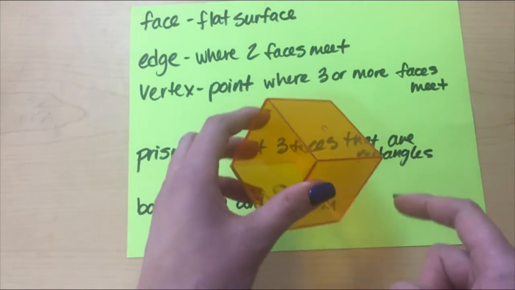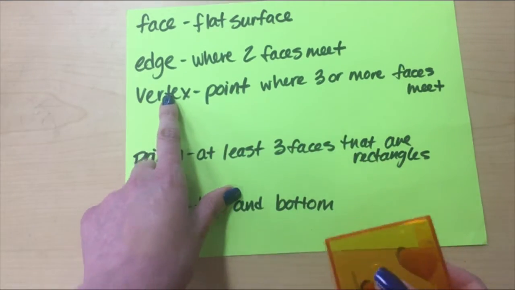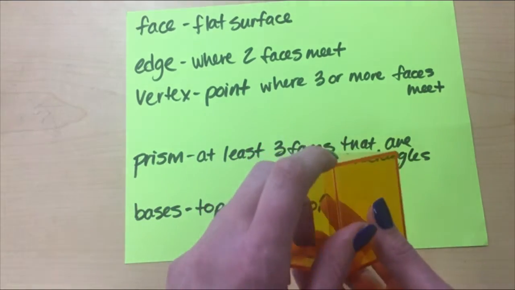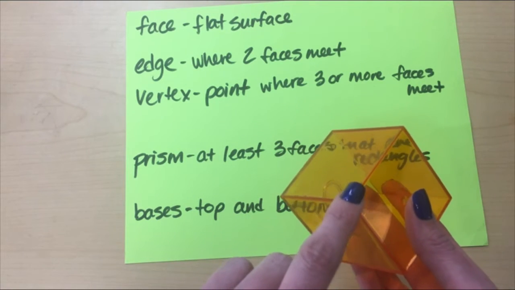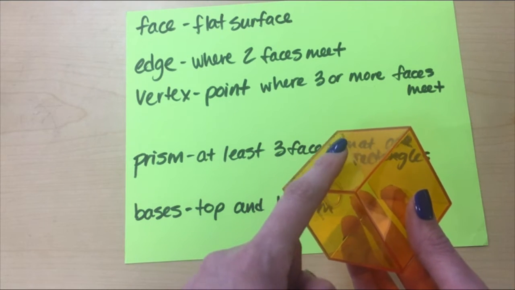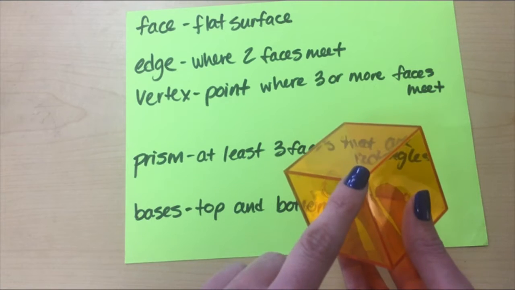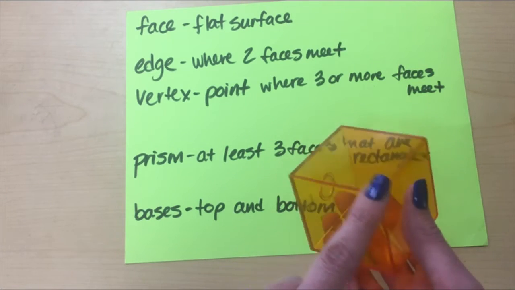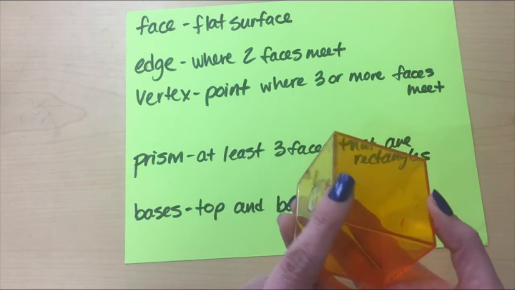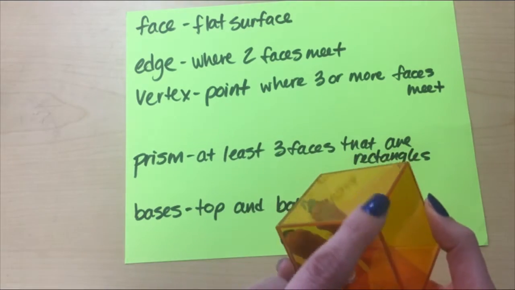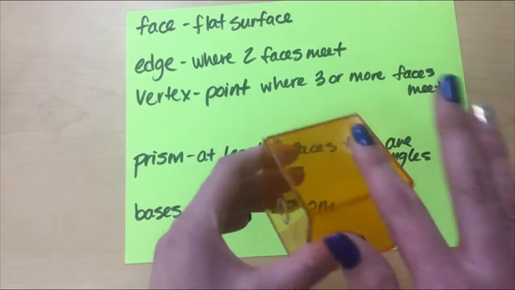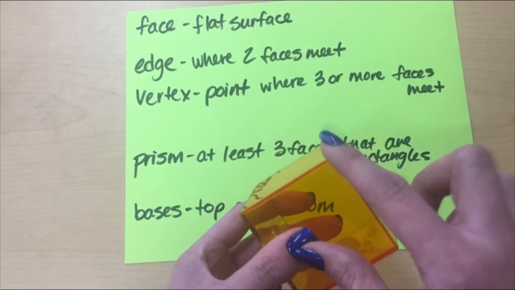There are many edges on this. A vertex is a point where three or more of the faces meet. So this is a vertex. Do you see how all these faces meet right here? That's a vertex. There are many. This is a vertex. This is a vertex. So: face, edge, vertex.